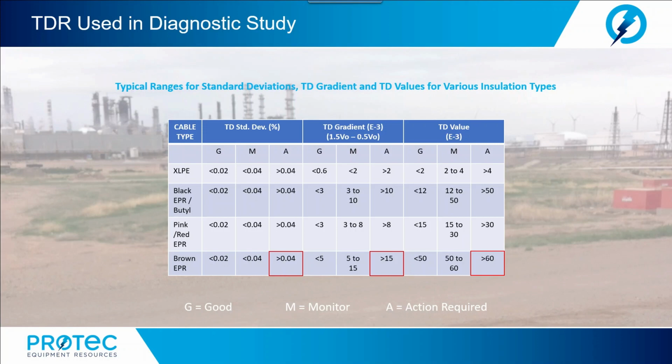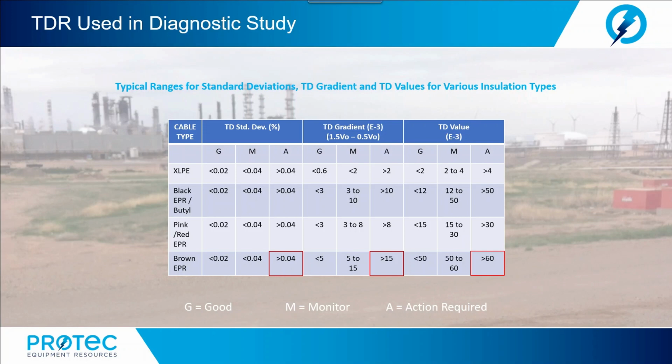So, taking a look at our test results, we see that the average tan delta value was greater than 60. Now, for the type of EPR that was being evaluated, this puts the cable in the action required category. Now, we look at the stability of the readings captured, and again, we see that we are in the action required category.